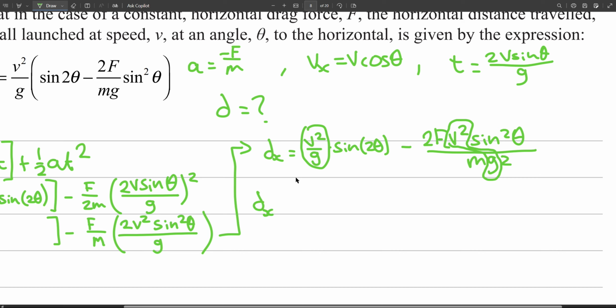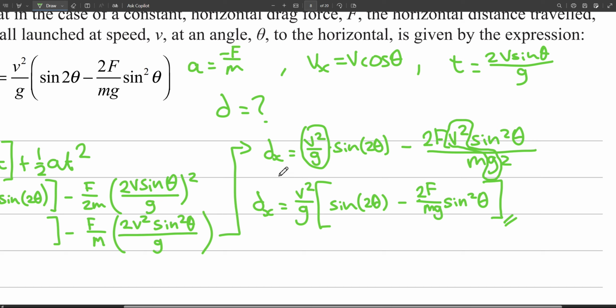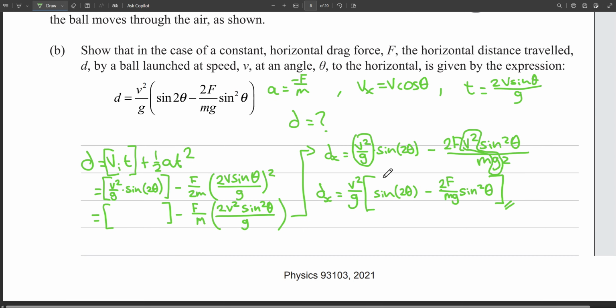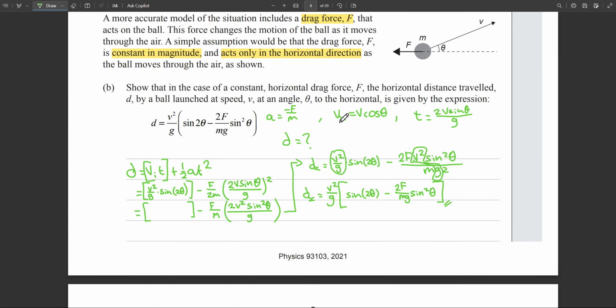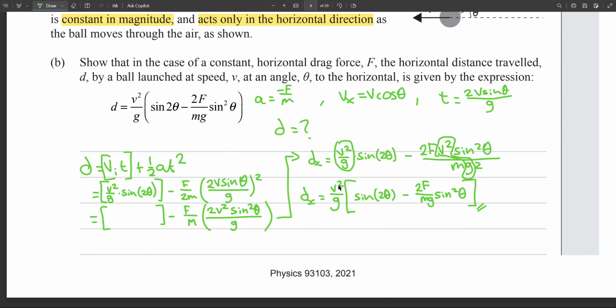So dx is equal to v squared on g, bracket, sine of 2 theta minus 2F on mg times sine squared theta. And that's proven. So that one is done.